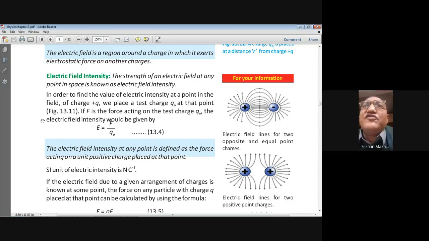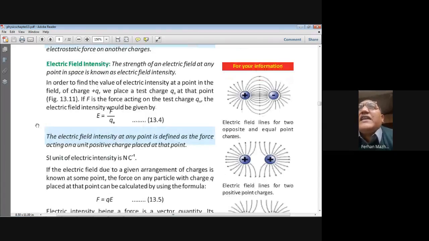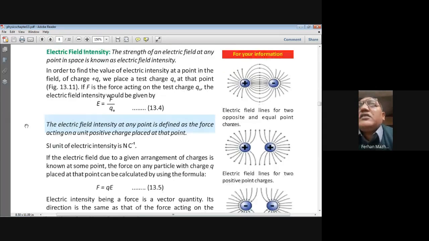If F is the force acting on the test charge Q naught, the electric field intensity is given by the formula E equals F by Q naught. The electric field intensity at any point is defined as the force acting on a unit positive charge placed at that point. The SI unit of electric intensity is newtons per coulomb.